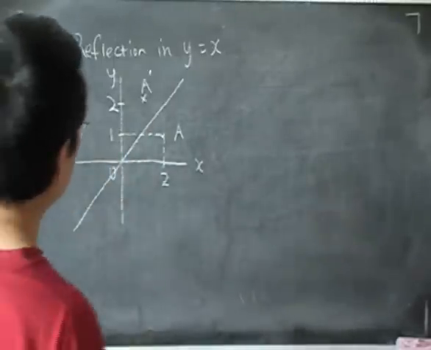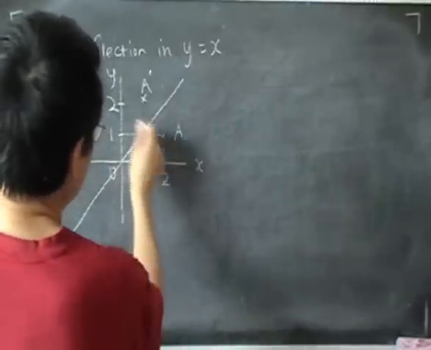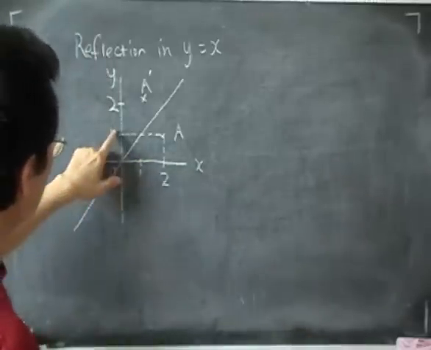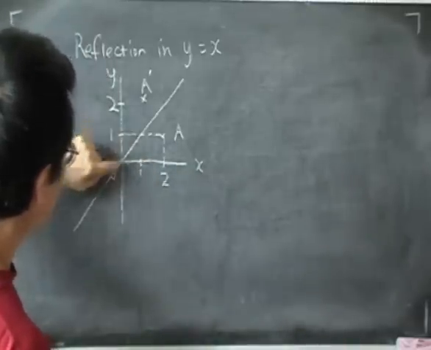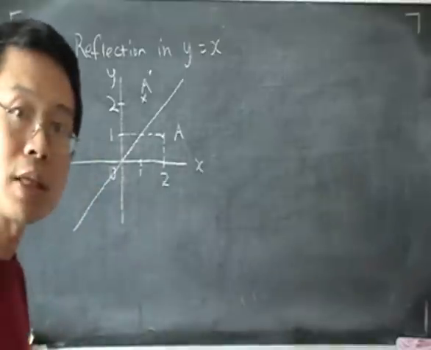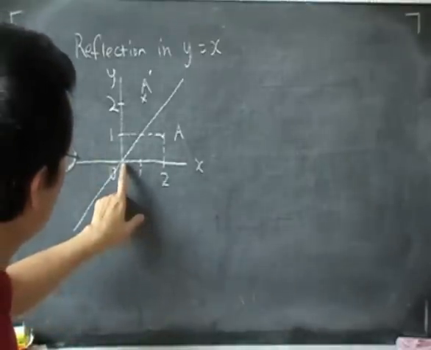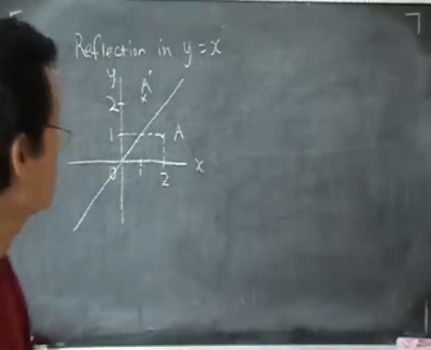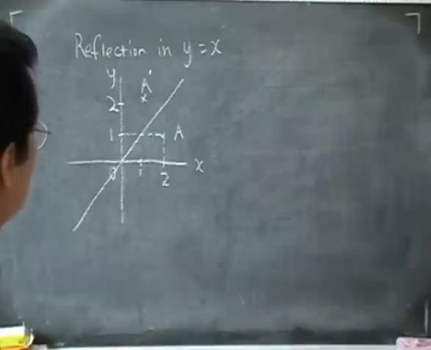So the 1 would reflect into the x-axis for the same reason. So this 1 goes into the x-axis. So this vertical side of the rectangle is reflected to this horizontal section.